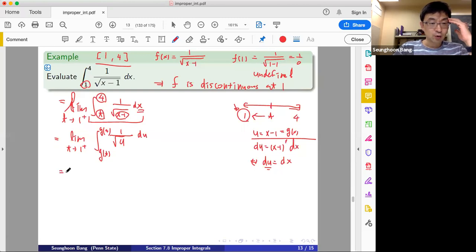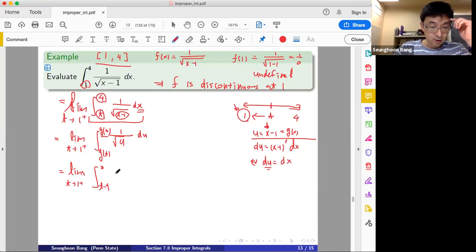So this is the same as the limit as t approaches 1 from the right of the integral. What's g of t? You plug t into x, we have t minus 1. What's g of 4? You plug 4 into x, 4 minus 1 is 3.